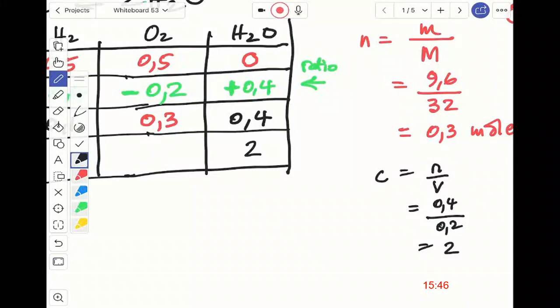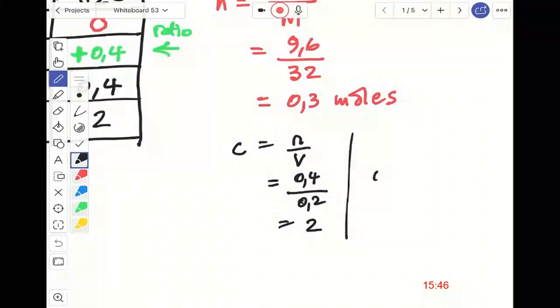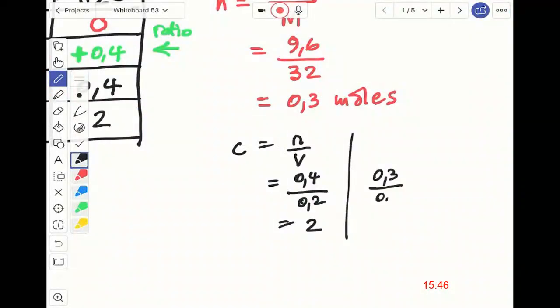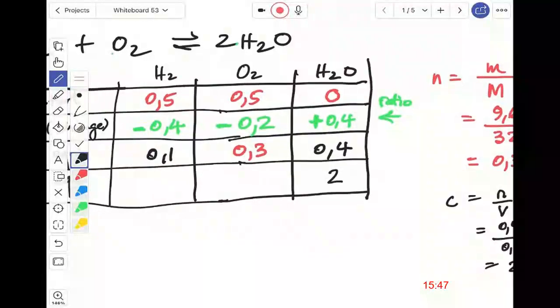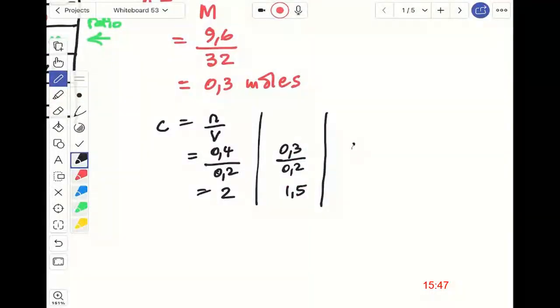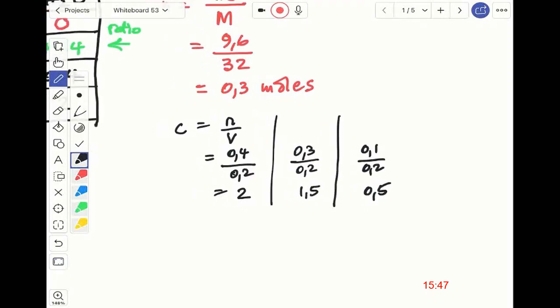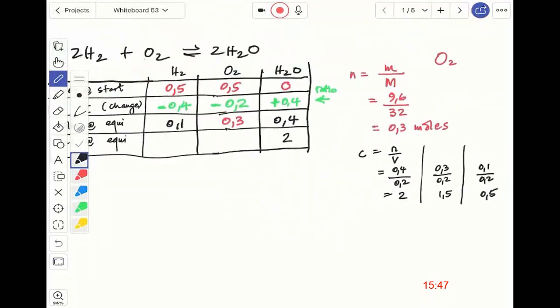The concentration of oxygen is 0,3 divided by 0,2, and that gives me 1,5. The concentration of hydrogen is 0,1 divided by 0,2, and that gives me 0,5. So now I can fill those in, that is 1,5, and that is 0,5.